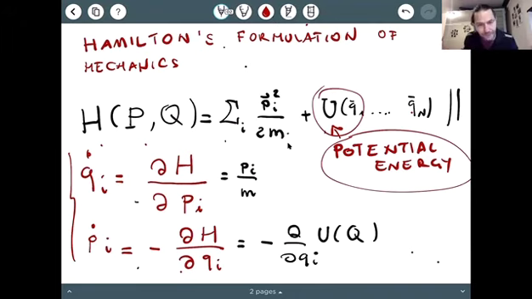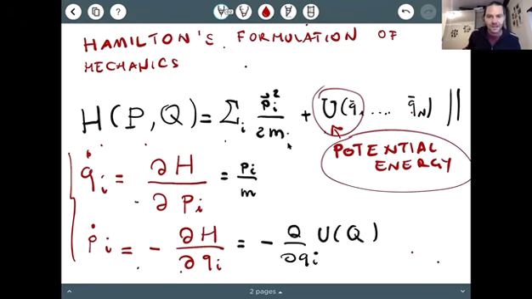If you can write the Hamilton's function, you're finished writing up your theory. Because from Hamilton's equations, you can derive the equations of motion of your system that are consistent with Newton's equations. But I didn't have to introduce the concept of force. I only had to introduce the concept of Hamiltonian, which is God-given. A physical theory is defined by the Hamiltonian function.